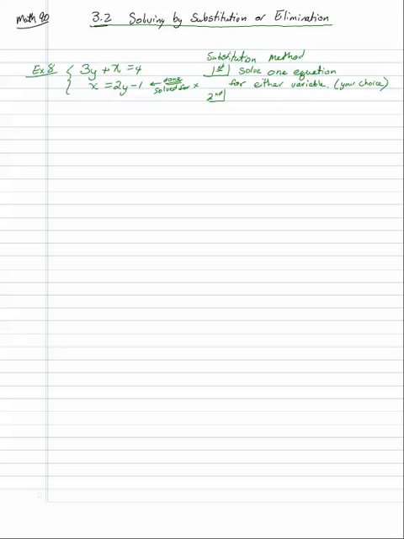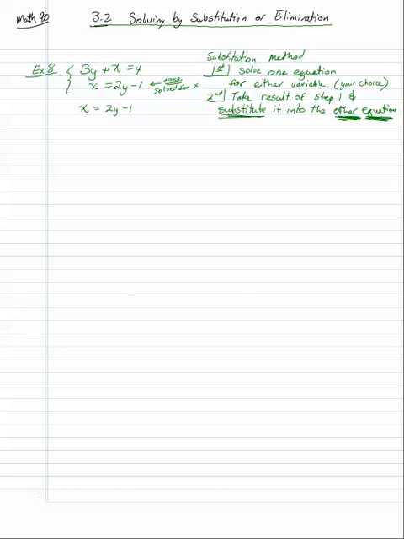Now your second step is to take the result of step 1 and substitute it into the other equation. That's key. From step 1 we said x equals 2y minus 1.